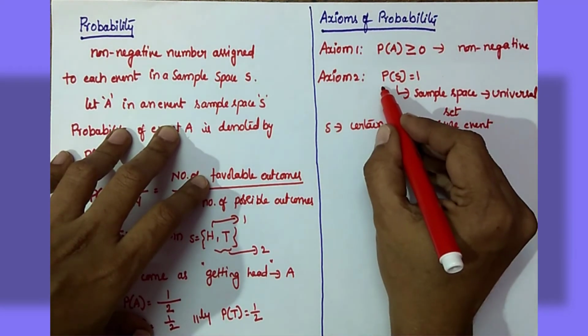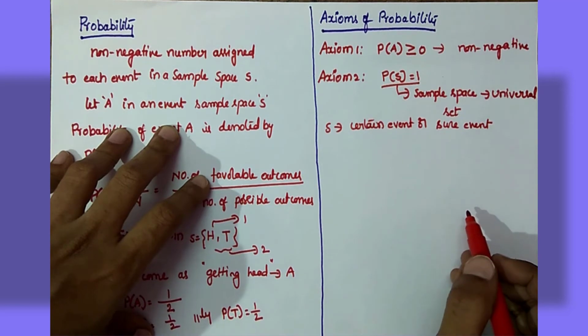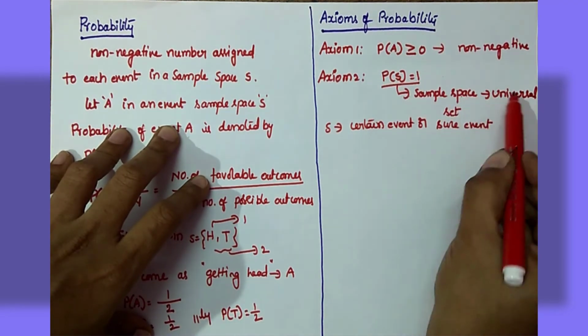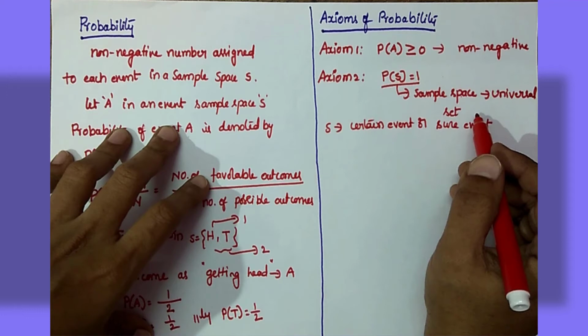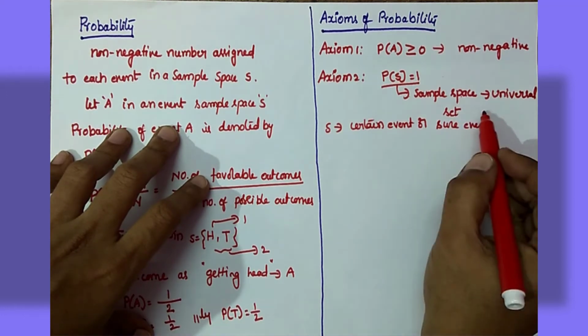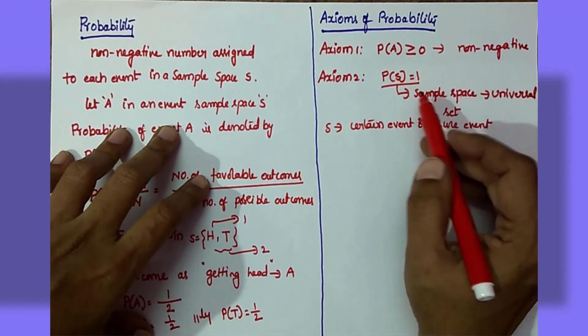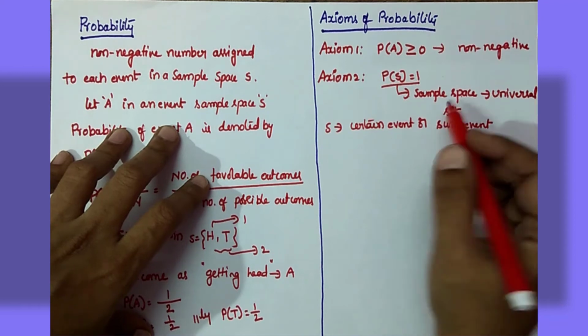Therefore, the probability is always 1. The universal set consists of all possible outcomes of an experiment, so it is a certain event or sure event. So the probability of that sure event is always 1.